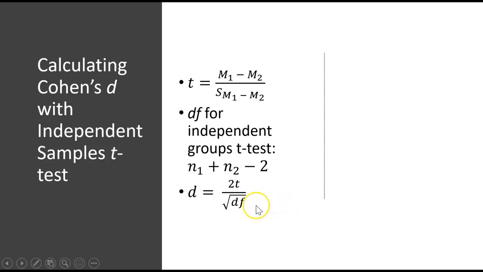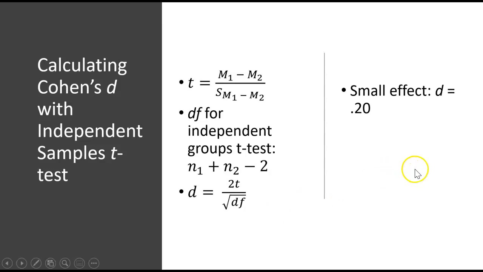You're taking into consideration the number of subjects, and you're taking into consideration the value of t that describes the difference in the means, and that gives you the effect size. So when you're looking at the t statistic, it's not taking into consideration the fact that you have a certain number of participants, and d allows you to do that.